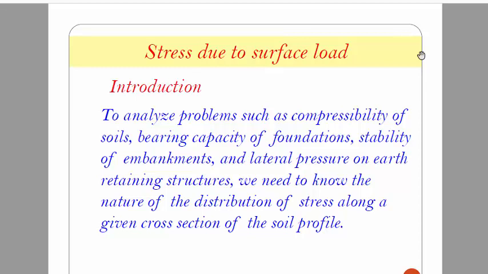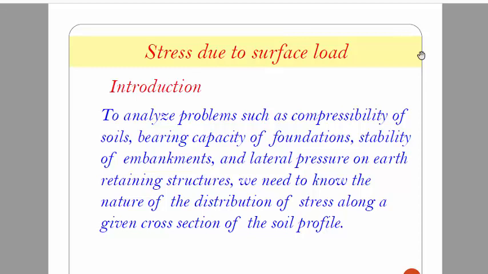Next is calculating the bearing capacity of the foundation. First of all you need to know the bearing capacity, and according to the bearing capacity of a soil, you will apply the foundation on it. Next is the stability of the embankment, which is also very important.